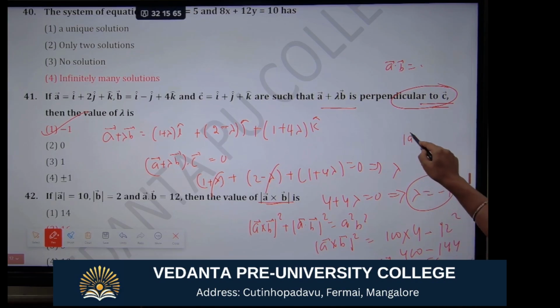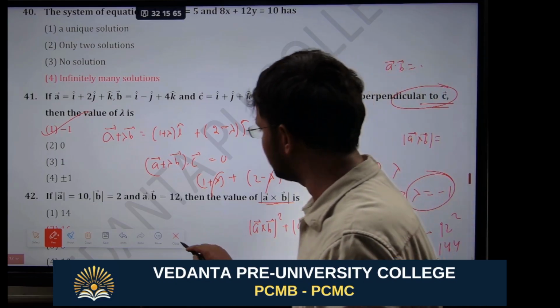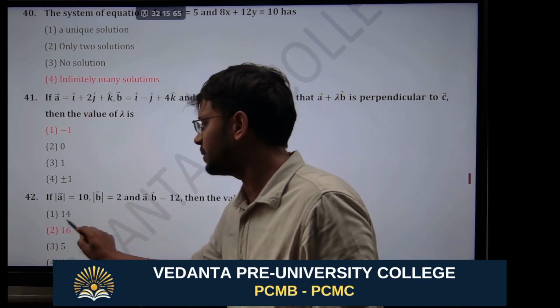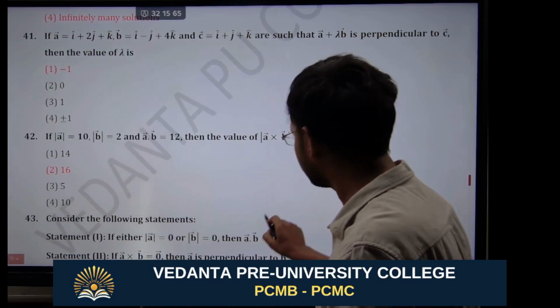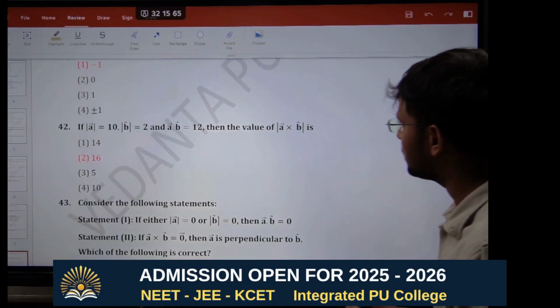So what is A cross B? It will be the square root of this. So what is the answer given? Answer is given 16.